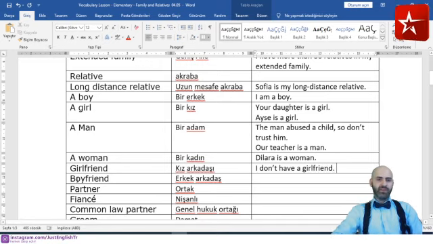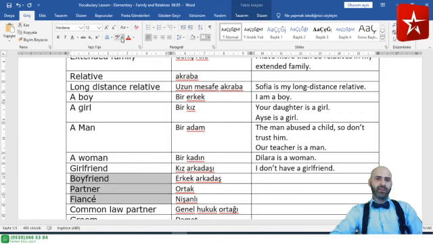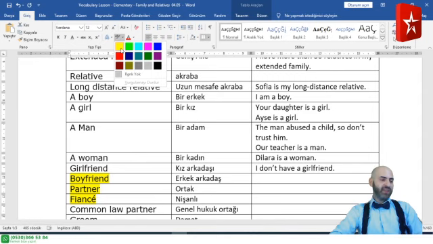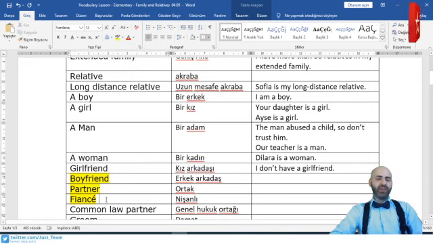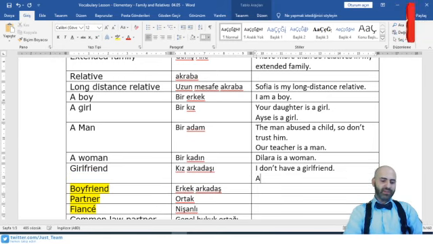Guys, can you give me an example for boyfriend, partner, or fiancé? Maybe someone is engaged, and if you are engaged, you can tell me your fiancé's name. I will write that sentence. Alara is my girlfriend. Okay. I will write this sentence.